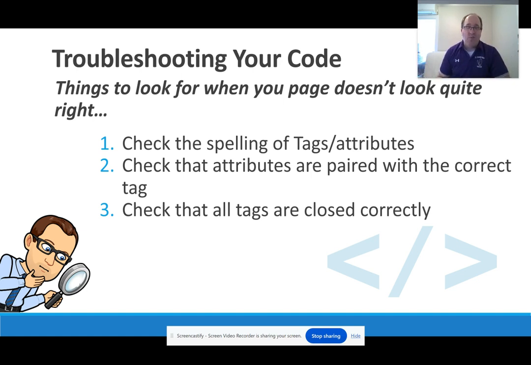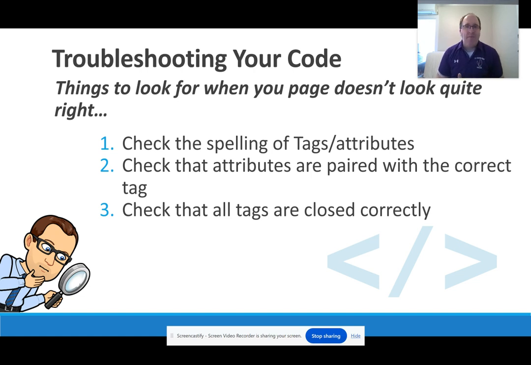So one of the exercises I will often do is just quickly look through my page and say, yep, there's an open paragraph tag. Where's the close for that? Here's an open emphasis tag. Where's the close for it? Here's the open underline. Where's the close? Just to make sure you match them up.